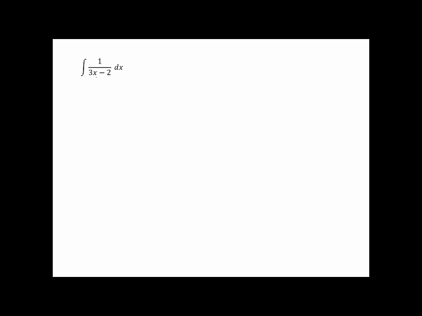Again, I find the highest power on x is actually 1, and for this one it is x to the zero. So if I say 3x minus 2, I treat this as a whole thing. The derivative of it is going to be 3 dx, which I find here.